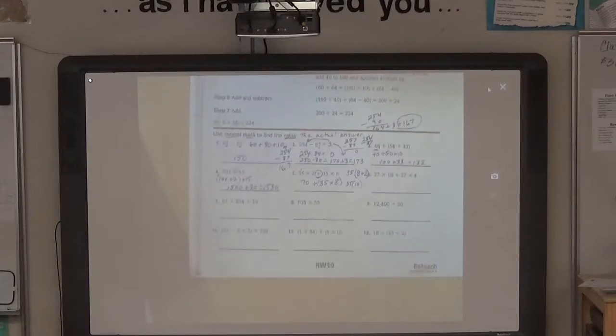So that's kind of putting the numbers back together. Okay. The same thing here. 27 is being multiplied by both. What's the answer? So, 35 times 10 is 350.